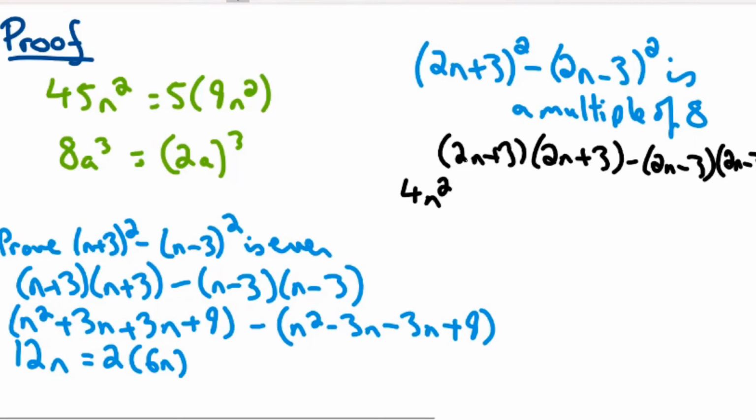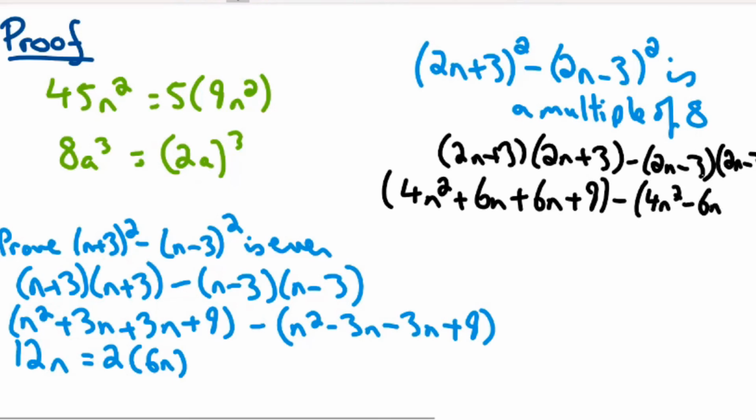Then if we do 2n times 3 for the outers, that's going to give you 6n. 3 times 2n for the inners is 6n, and then 3 times 3 for the last is 9. Then for the other ones, 2n times 2n is going to be your 4n squared again. 2n times minus 3 is minus 6n, minus 6n, plus 9.